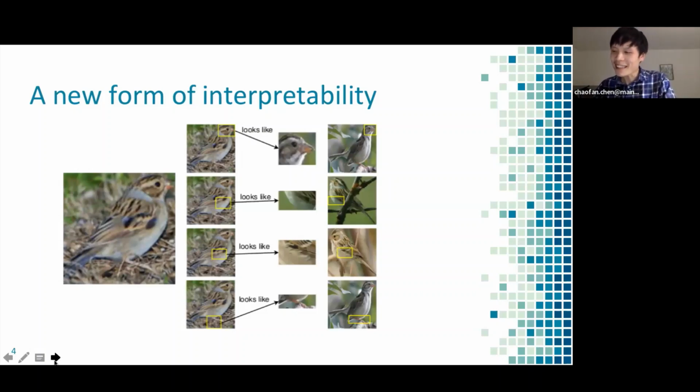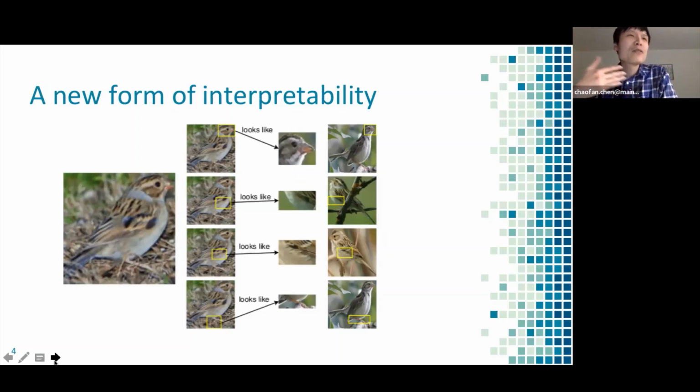So the idea here is that when we humans try to classify images, we might focus on different parts of the image, and we tend to compare them with some mental image of how we conceive this kind of thing is. So in this particular case, if we are to classify this particular bird, we might say, oh yeah, it looks like a sparrow because the head looks like a sparrow's head that we gain from our experience.